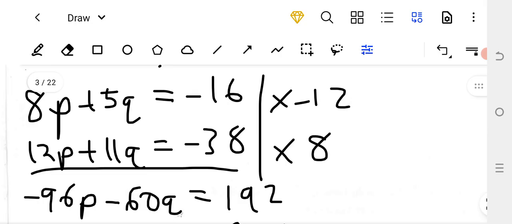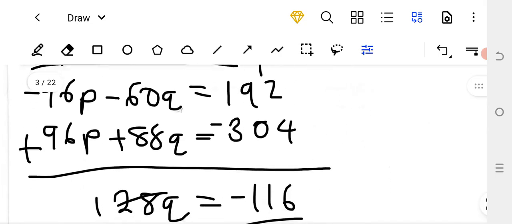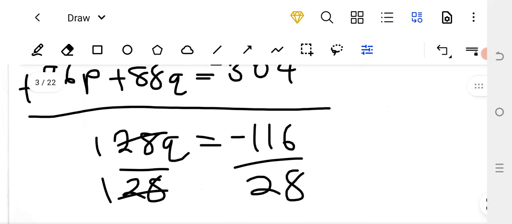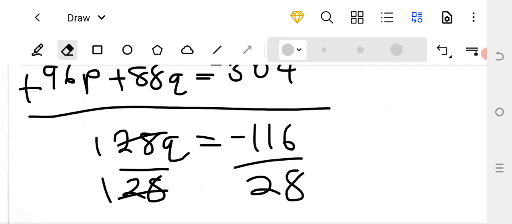Oh, 192 minus 304 is actually 112. Please take note, I'm just verifying what I typed into my calculator. It's actually 112.